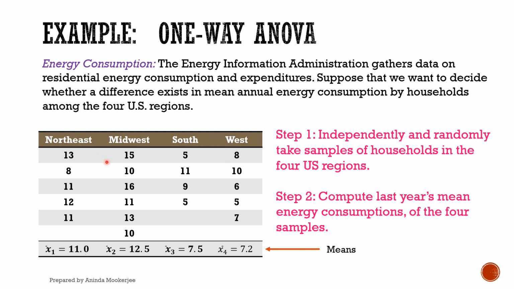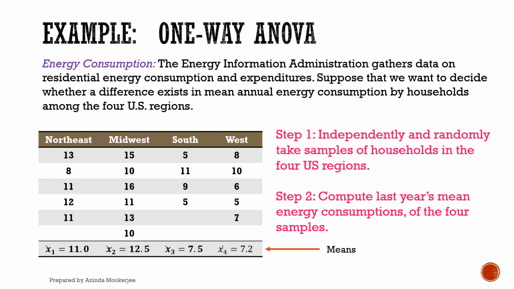For Northeast, it has the values 13, 8, 11, 12, 11. So we have 5 samples under Northeast. In the Midwest, we have 6 samples: 15, 10, 16, 11, 13, 10. Let me write those sample sizes.